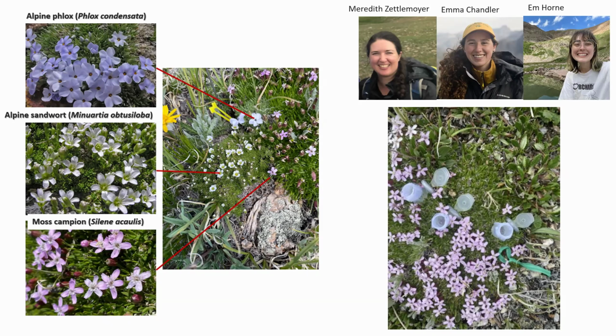Yeah, that's a really great question, and there's a couple different things going along with that. So one, they have to reach sort of a minimum size to start reproducing. The smaller cushions usually won't make flowers until they're a bit bigger. But there is variation even within a population. We've noticed when we go to a particular site, it seems to be the same couple of plants that are always the very first ones to start flowering at that site, and some other plants that are a little bit later to flower.